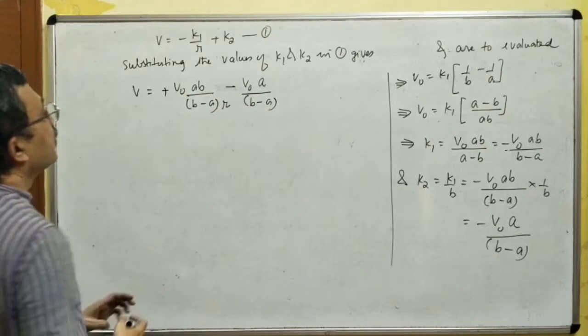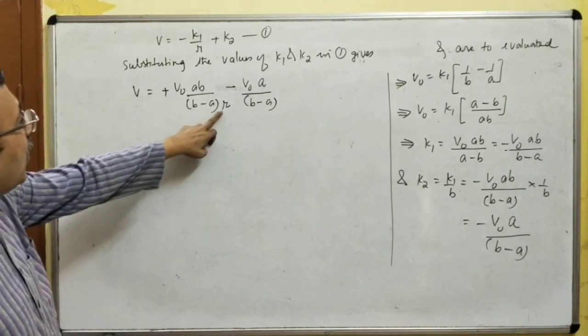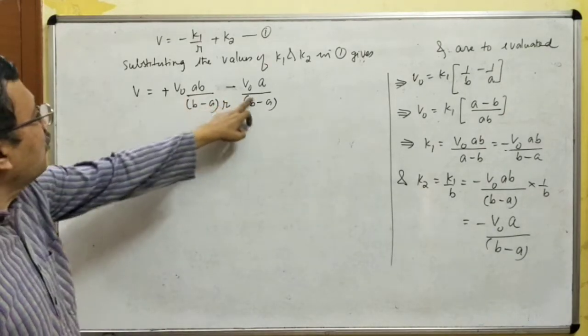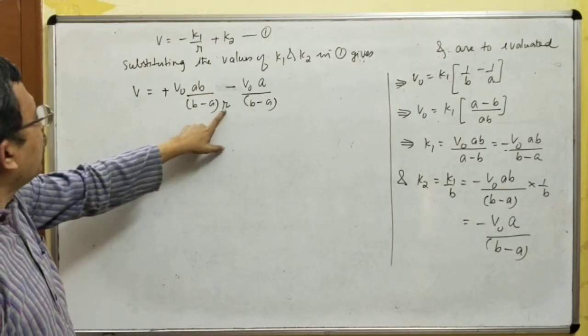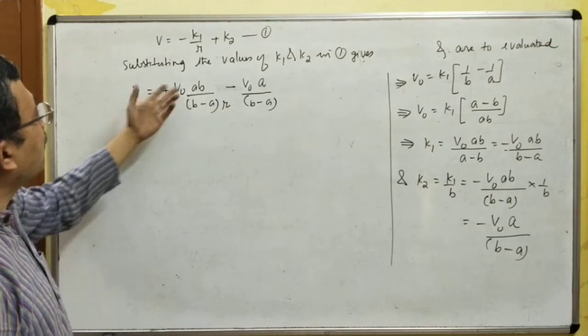If you put r equal to b, these two terms will cancel out and you get 0. When you put r equal to a, you will get v is equal to v naught.